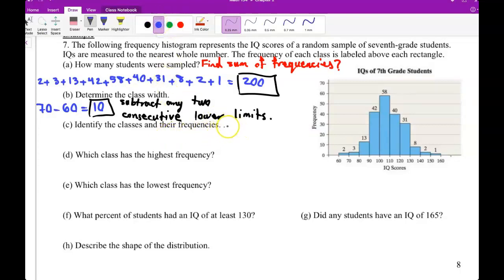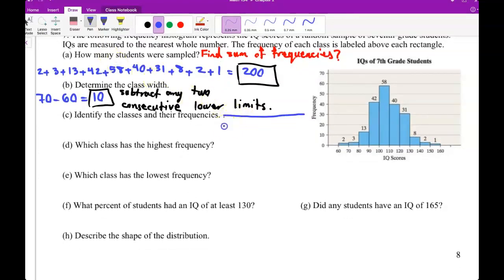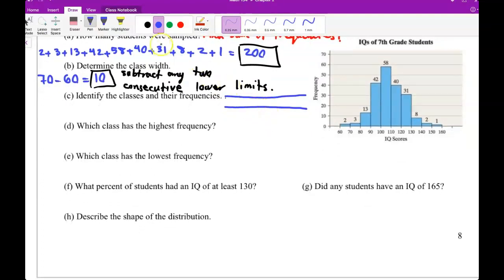So this is for part C. Here is IQ scores and this part their frequency. We have 60. This is 70, but we shouldn't write 70.